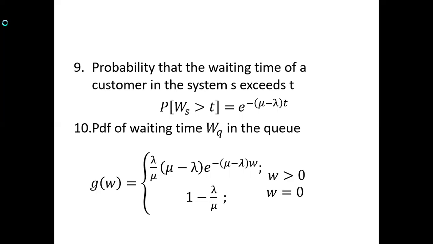PDF of the waiting time in the queue, WQ, is given by g(w) equal to lambda/mu times (mu minus lambda) e^(-(mu minus lambda)w), when the waiting time w is greater than 0. And if it is equal to 0, this reduces to 1 minus lambda/mu.